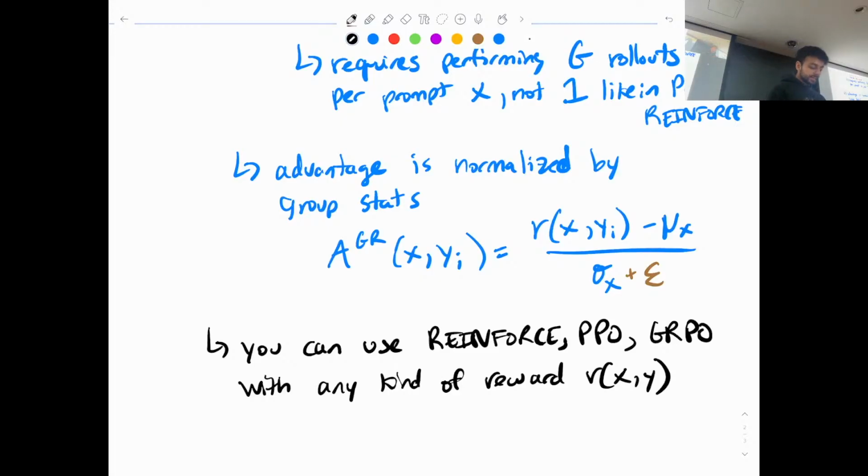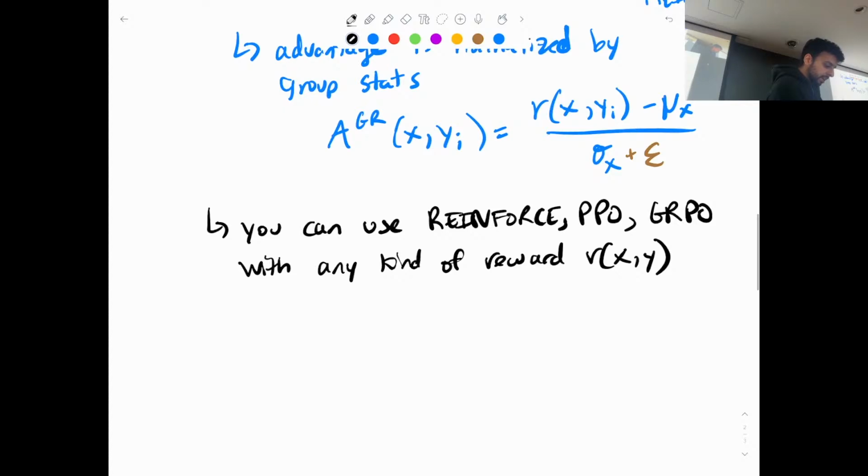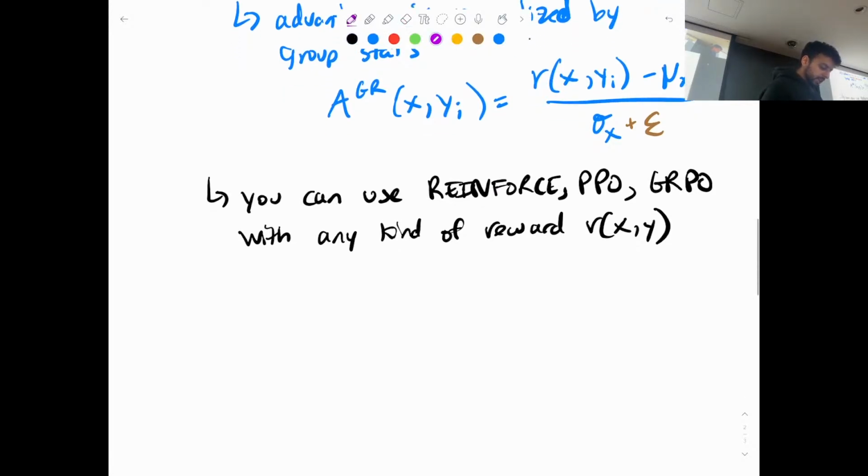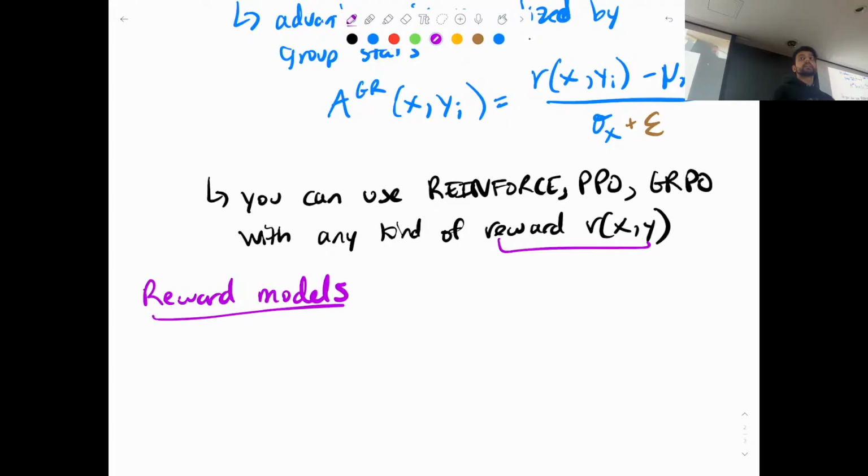But the next thing I wanted to do is discuss these reward models here. The very first thing we talked about when we discussed reward models, before we talked about any RL algorithm, was the Bradley-Terry preference model.